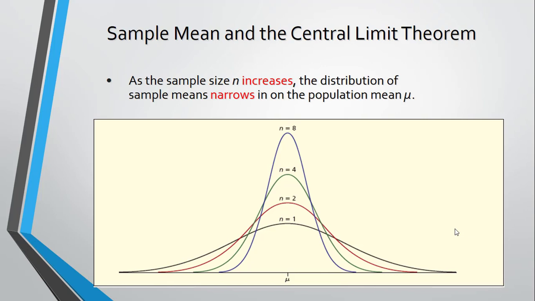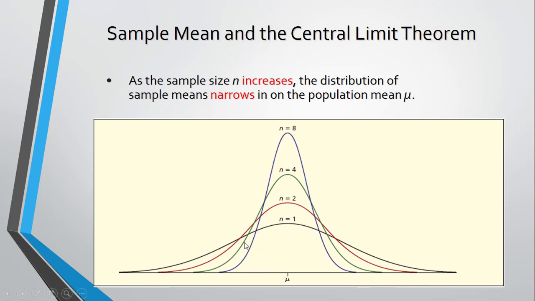Also, as the sample size n increases, the distribution of sample means narrows in on the population mean of mu. You can see here's a mu. If you take a sample of size 1, just one person's score at a time, this is what you get, the black line.